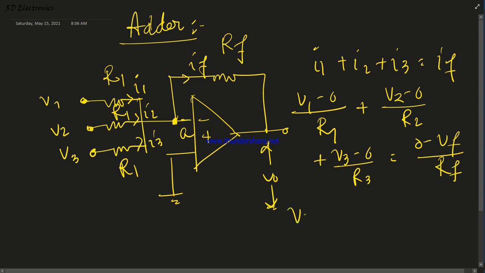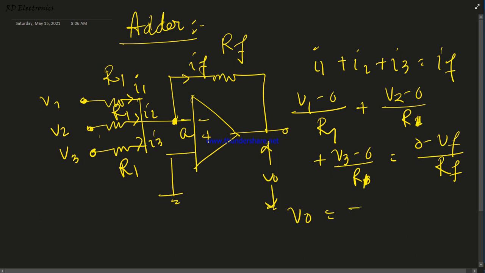So if we rearrange this equation, we get V0. Because R1, R2 and R3 are equal resistances, here we consider all resistances equal to R1, so this is also R1, this is also R1.